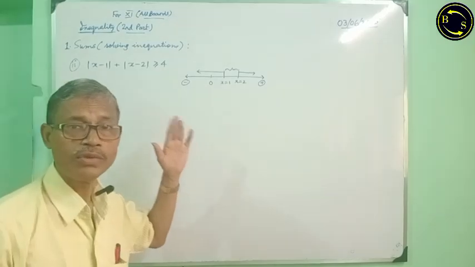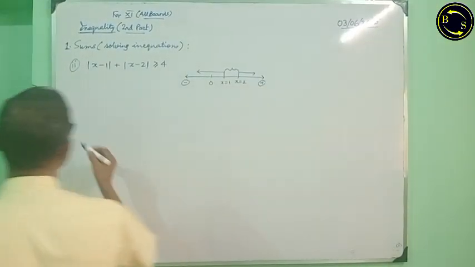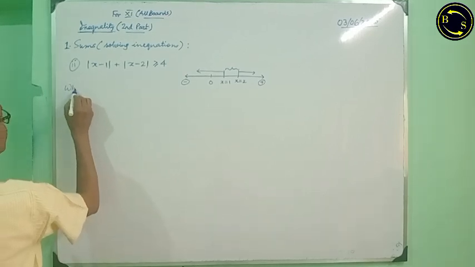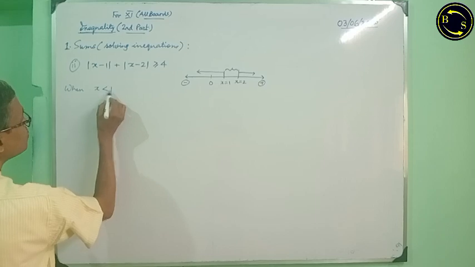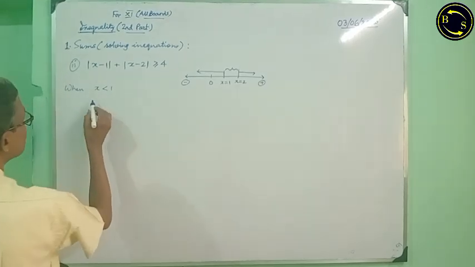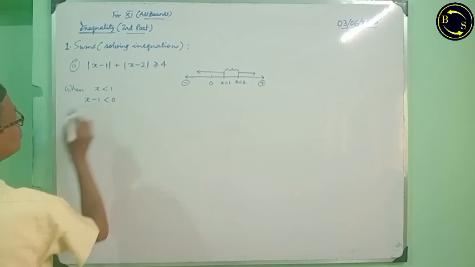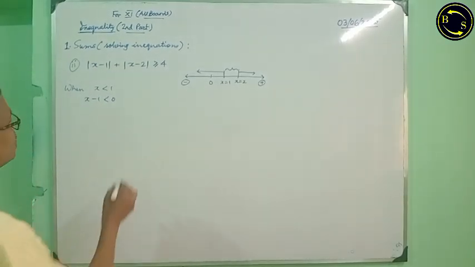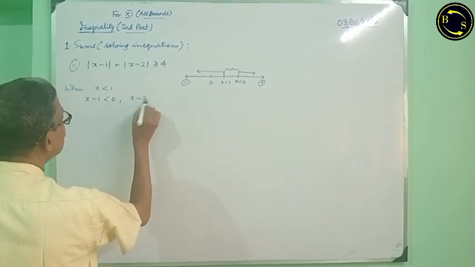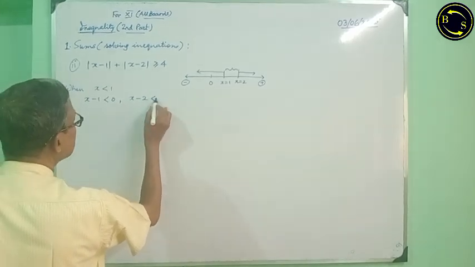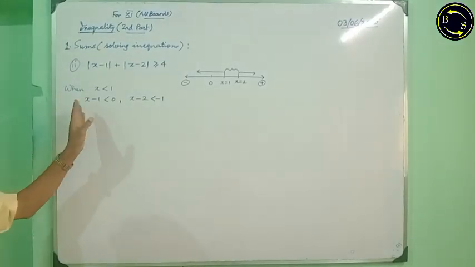To solve such type of inequations, we have to consider the intervals like this. When x less than 1, x minus 1 is less than 0. Naturally, x minus 2 will be less than minus 1. That means I am subtracting 1 from both sides.